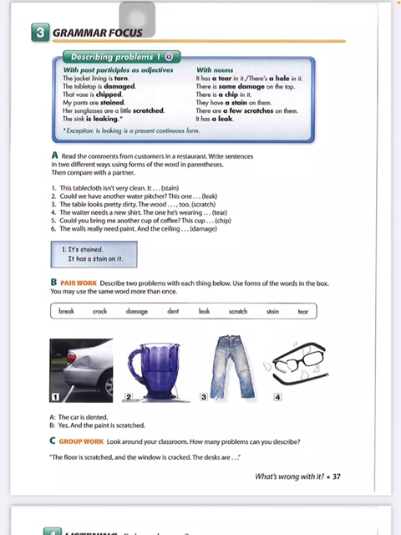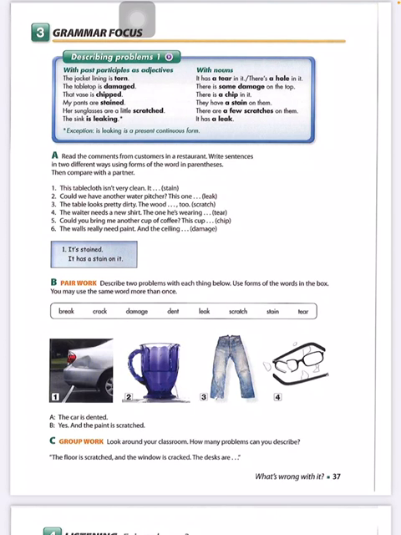In this lesson, everybody, we focus on describing problem 1, which is about unit 6. We already talked about this a little bit on Friday last week, and now we have to go through this grammar point. In order to describe problems, we have two ways here in the book.